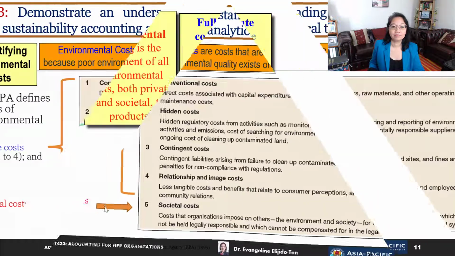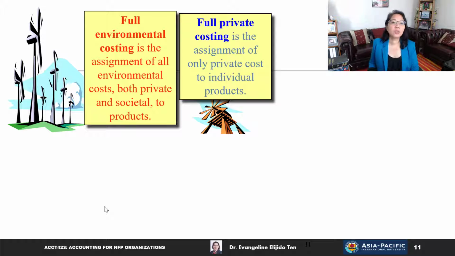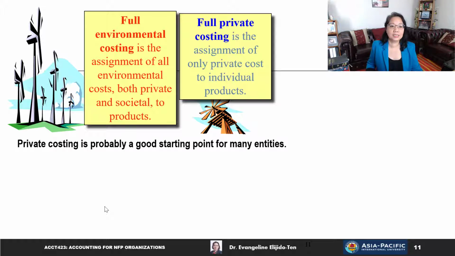Now, full environmental costing is the assignment of all environmental costs, both private as well as societal, to the products or to the services provided by the entity. Full private costing is the assignment of only private costs to individual products and services.